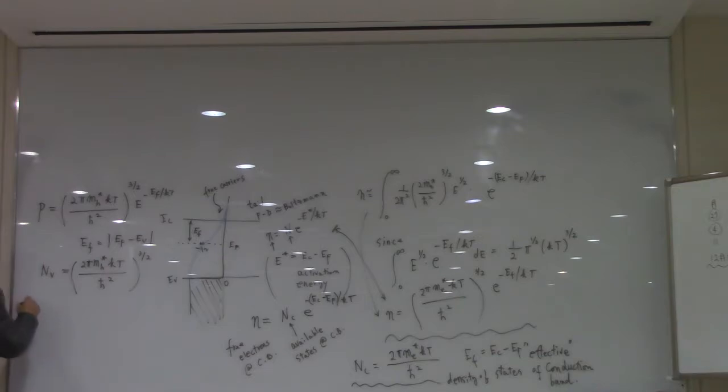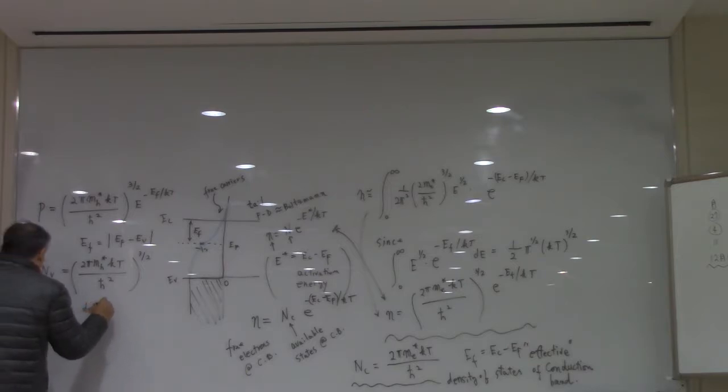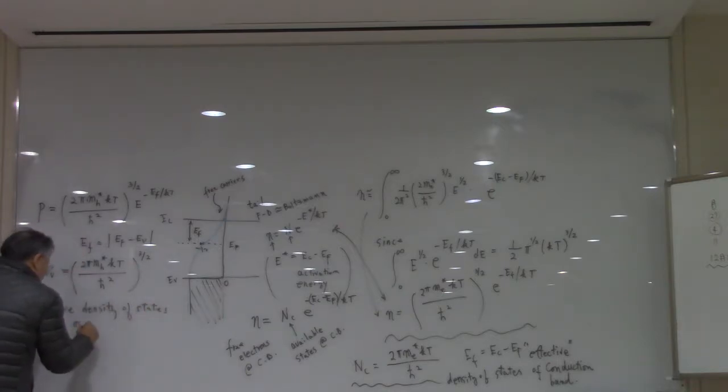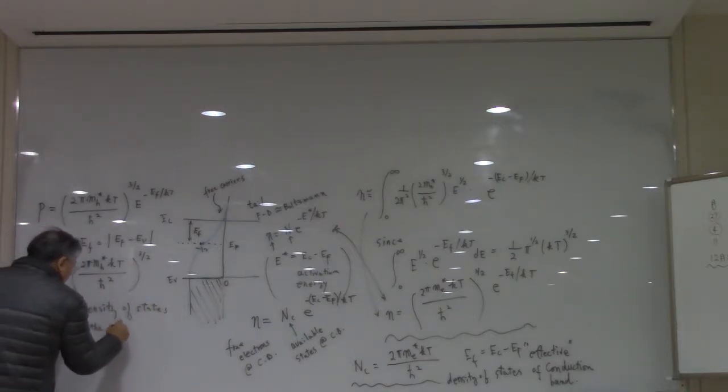And that is going to be called effective density of states of the valence band.